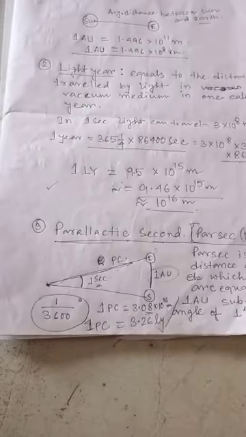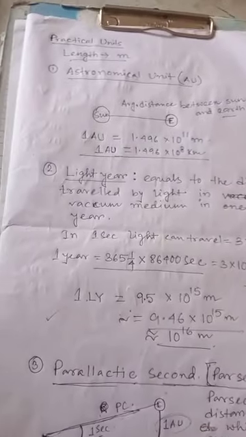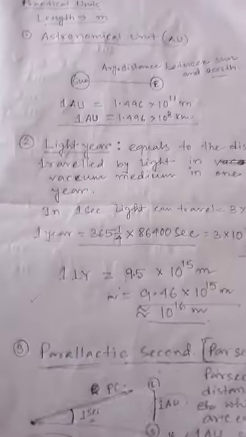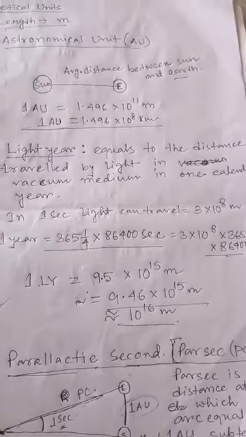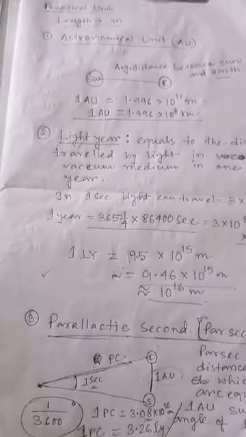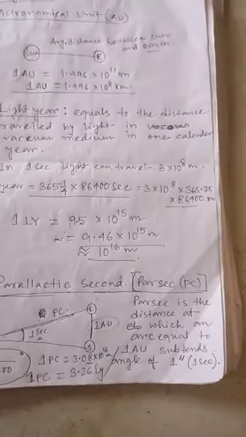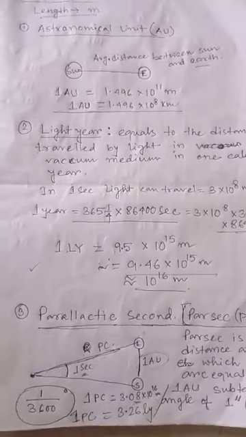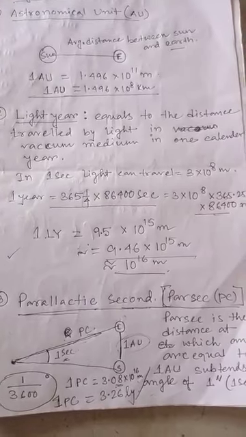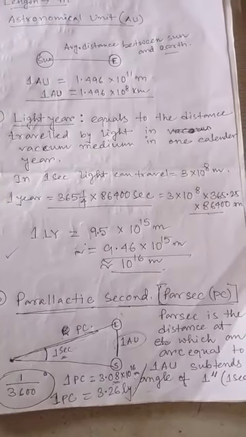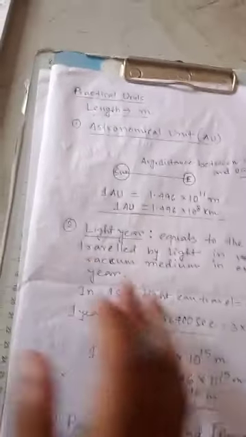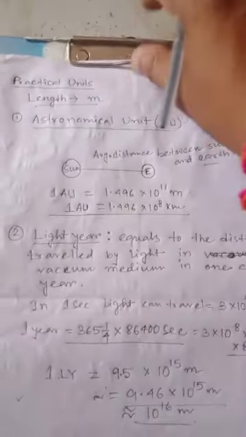Clear? Okay. Now for measuring bigger lengths, we use this type of unit. We can also use multiples, prefixes and suffixes, to measure smaller distances and bigger lengths also.